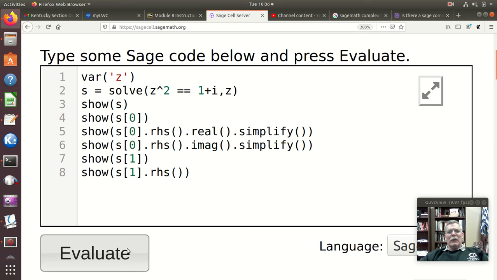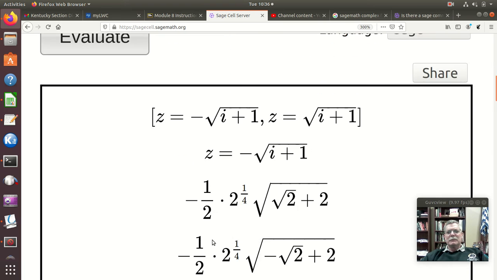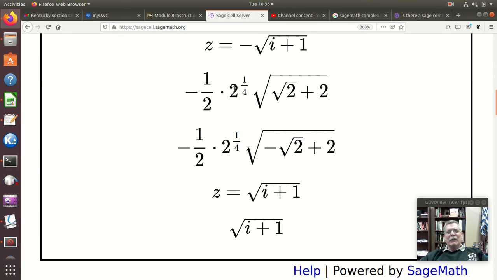And we can do that and see how that looks. It looks a little better, but I knew that the square root of 2 was 2 to the 1/4. So I don't know that it really bought me too much, but it does look a little nicer here.